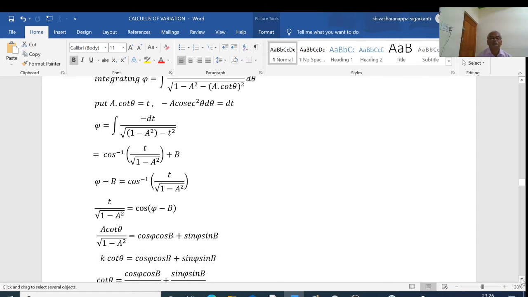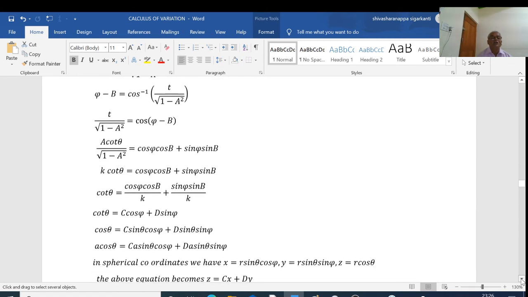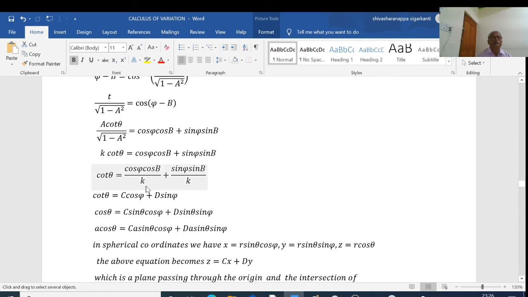or cot theta equal to, dividing by k, cos pi cos b by k plus sin pi sin b by k. So that is cot theta equal to, see here cos b is a constant quantity because b is constant. Constant divided by k is another constant quantity.